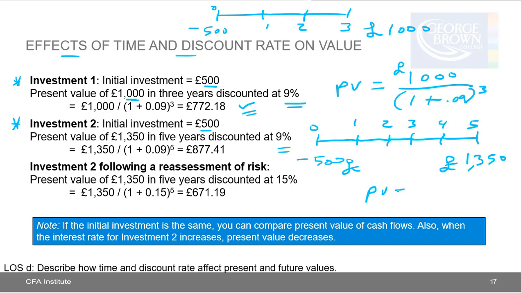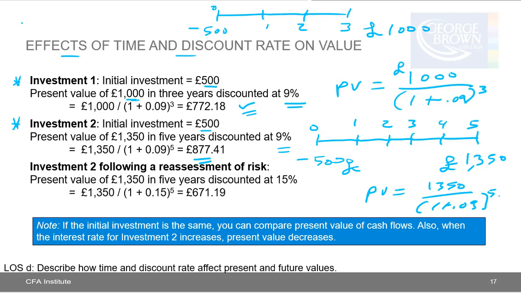So again, you would calculate the present value. The present value equals the future value, 1,350, divided by, we're using the same discount rate, 1.09, but now in this case, it's to the power of 5. So you can see that the present value of investment number 2 is 877.41.